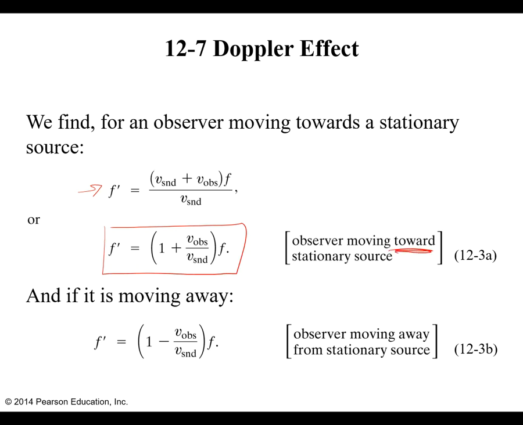If the observer is actually moving away from the source, then that positive is replaced with a negative. The result is that here in this case, where the observer is moving toward the source, you're going to see an increased frequency. But in this case, where the observer is moving away from the source, you're going to see a decreased frequency, which is exactly what we just saw in the website just a second ago.